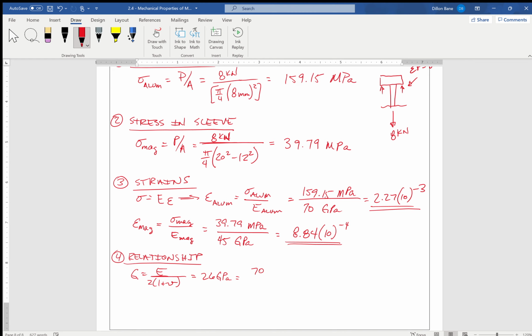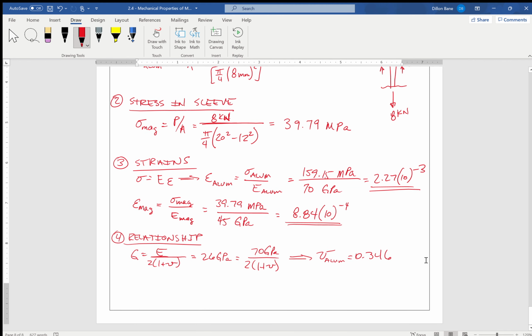E is 70 gigapascals over 2 times 1 plus nu. Just solve this equation right here, and what we find out is that nu for the aluminum comes out to be 0.346. And again, that value appears to be correct, right? Because it is between 0 and 0.5. Poisson's ratio will always be between 0 and 0.5. All right?